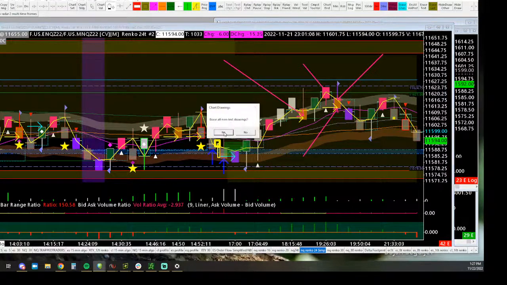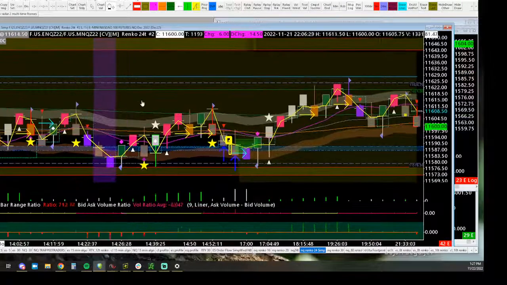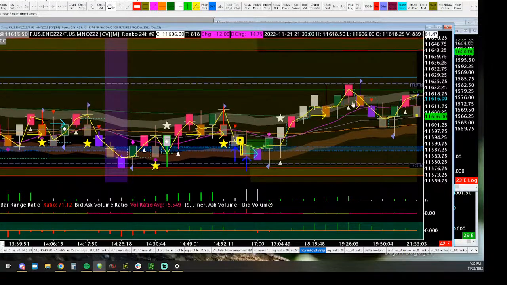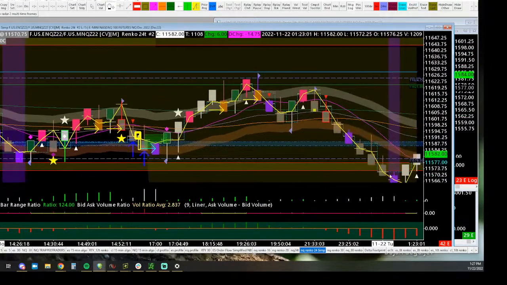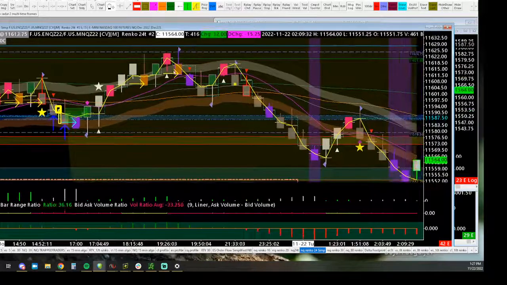But those, like I said, that's how you use those. They also act as pretty good support and resistance points. So for instance, this and this are going to be the support and resistance for this area. Now they can get under it, but once you get under this, it becomes resistance. See that? Once you get under this, it becomes resistance.